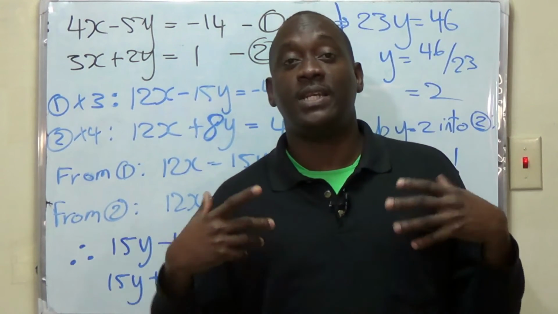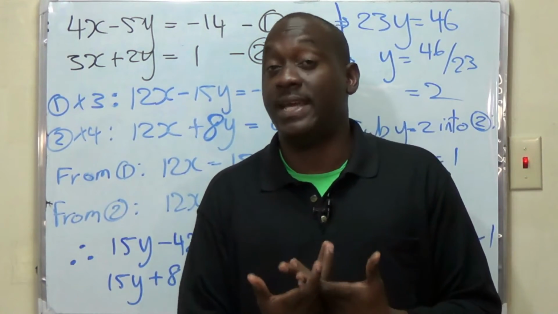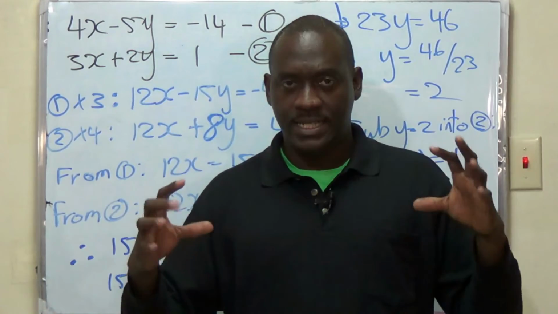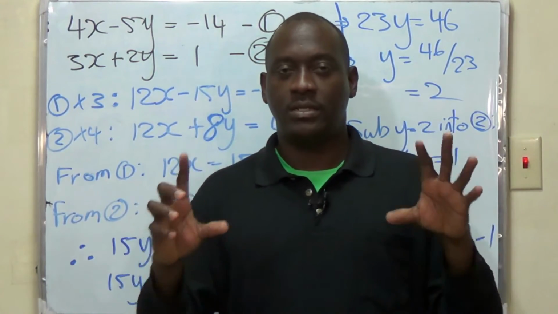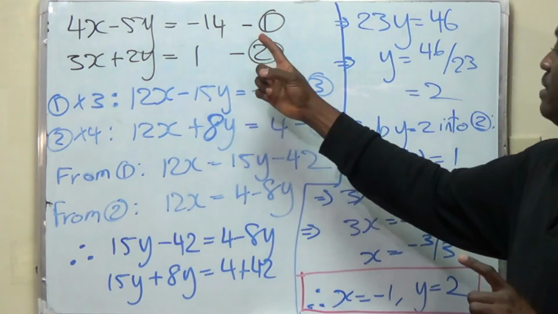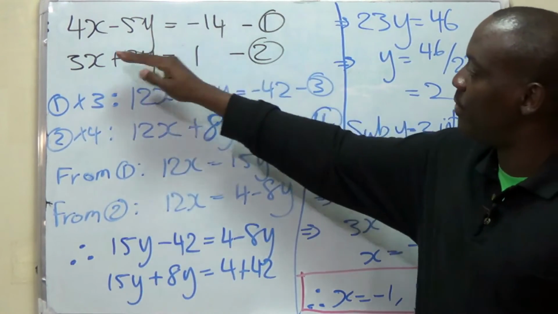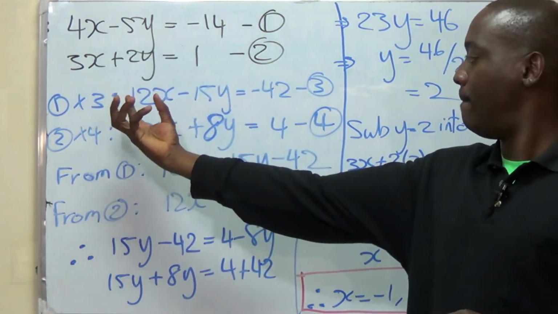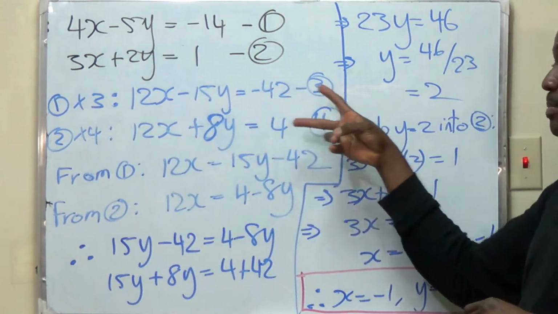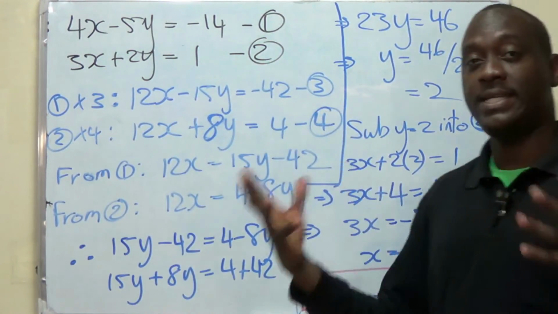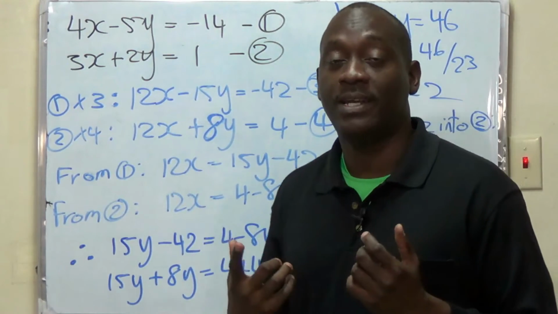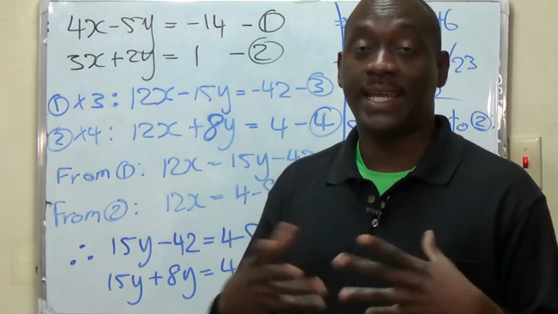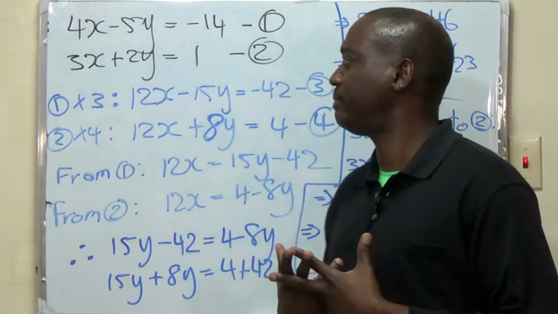Remember, we talk about the lowest common multiple, or the LCM. That is the simplest way to manipulate these two equations without changing the value of either of them. That will allow both of them to appear in a form where we could interact them in a productive manner to get the values of x and y.